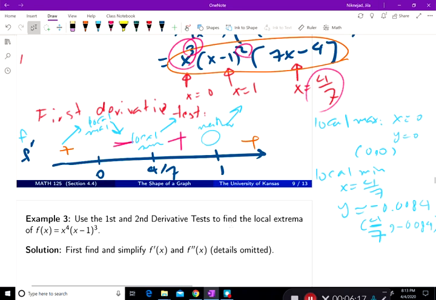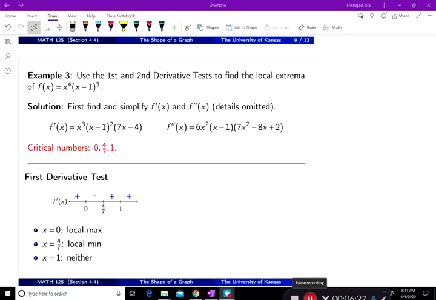And now let's talk about how we do this with the second derivative test. With the second derivative test, what we need to do is find the second derivative of the function.